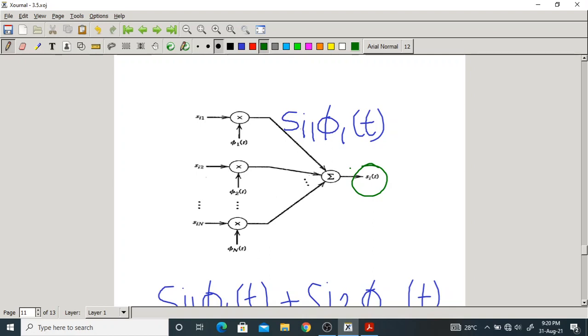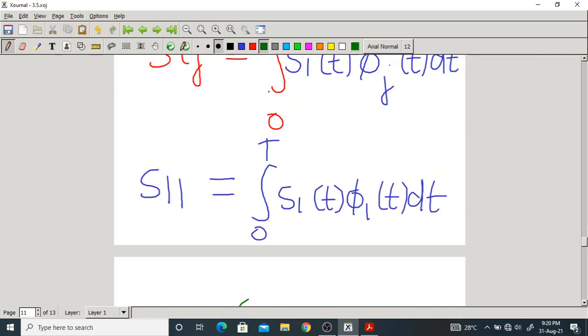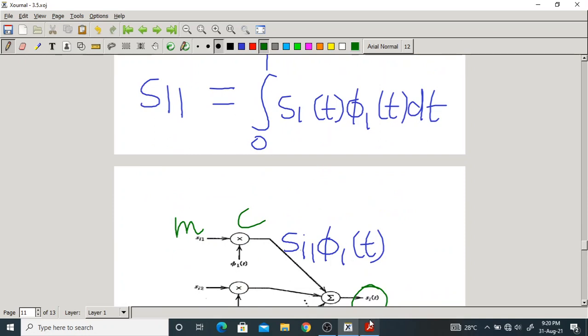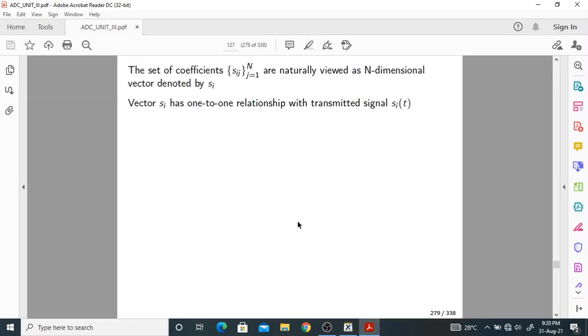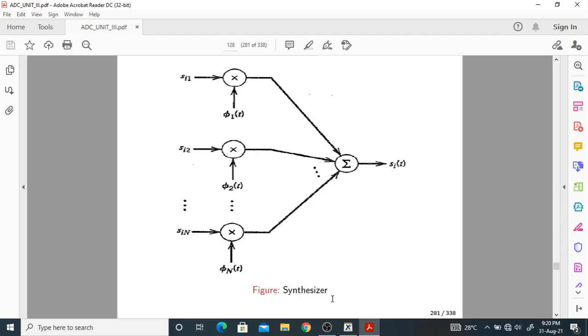Because here these are multiplied with something like a carrier, phi1 of t, phi2 of t, phi n of t. This is a message signal. This is a carrier. They are being multiplied. So it is similar to a modulator. It is called a synthesizer.